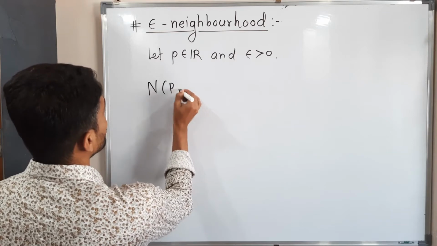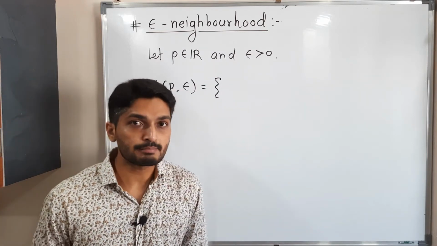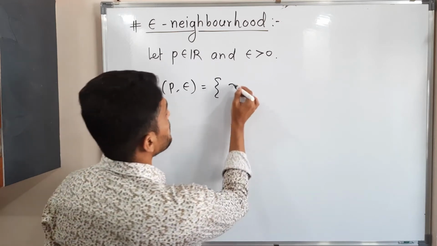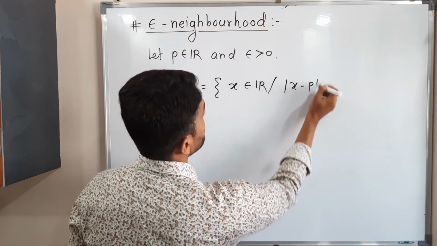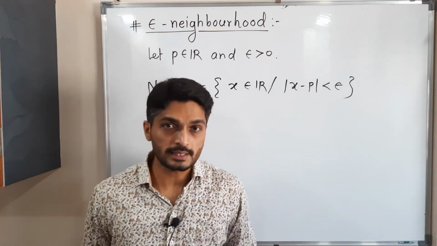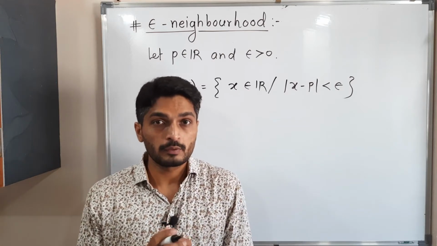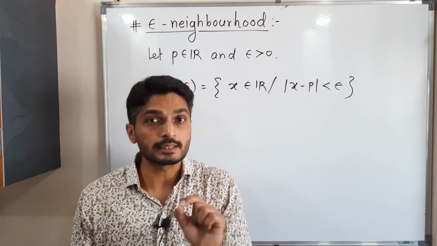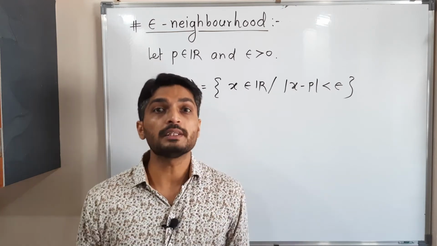N(P, epsilon) is equal to {X belongs to R such that |X minus P| < epsilon}. In simple words, the epsilon neighborhood is a collection of points whose distance from P is less than epsilon. That means points which are very close to P.